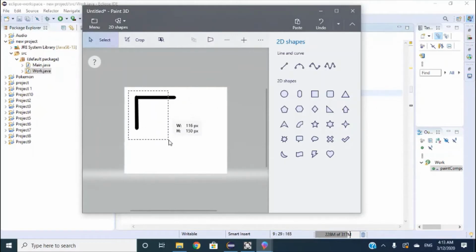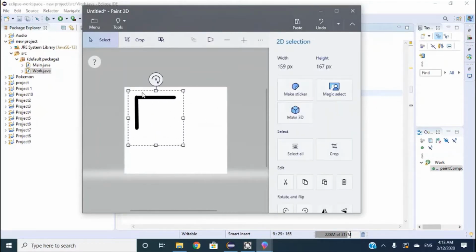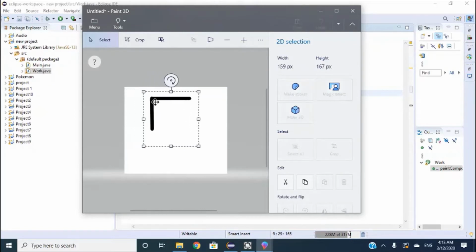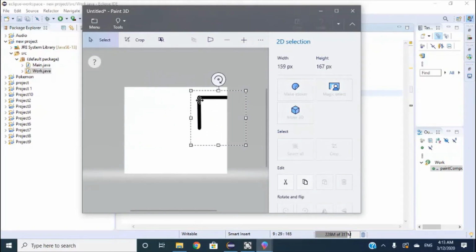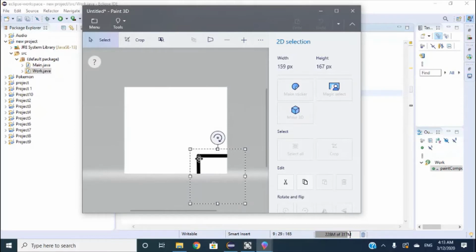what happens here is we take the axis and shift the whole axis 100 to the right and 100 down, for example. And we create a whole new axis.